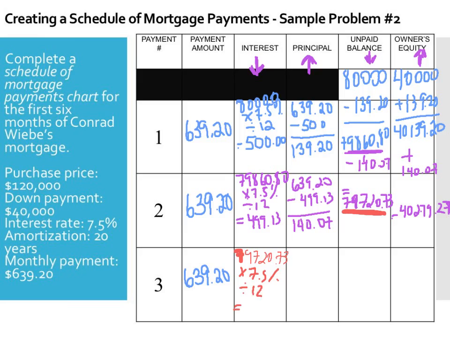For that month it works out to $498.25. Our new principal is going to be 639.20 minus 498.25, and that works out to 140.95.